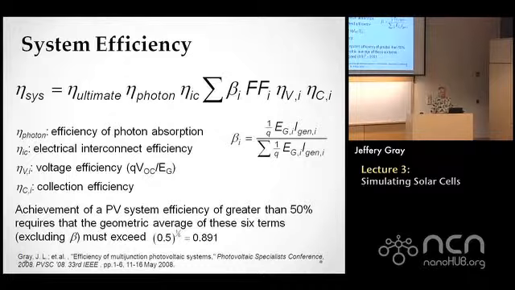Well, the ultimate efficiency for a single band gap is not there. It's roughly a half. So you have to go to multiple junctions in order to get this number even close to 89. And it takes a lot of junctions to get up that high. And the other key thing that jumps out at you is that the voltage efficiency is very low.